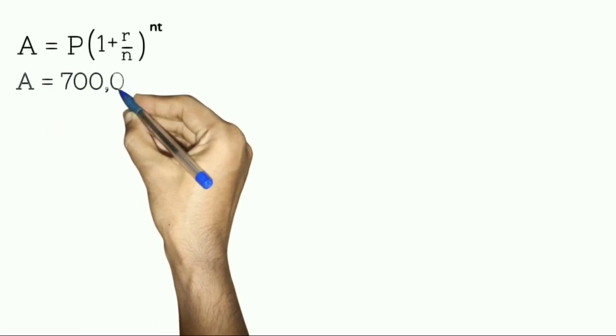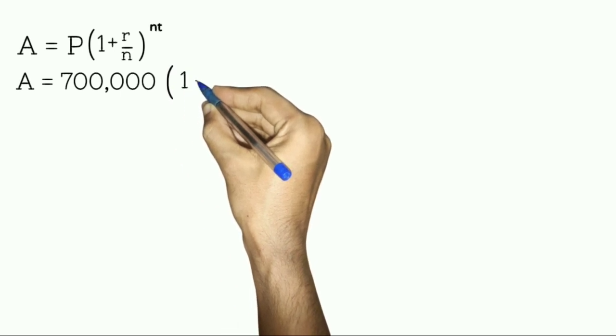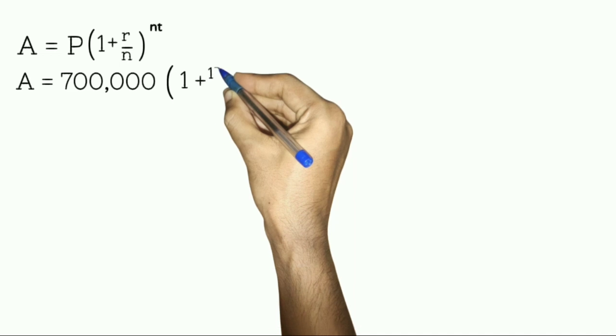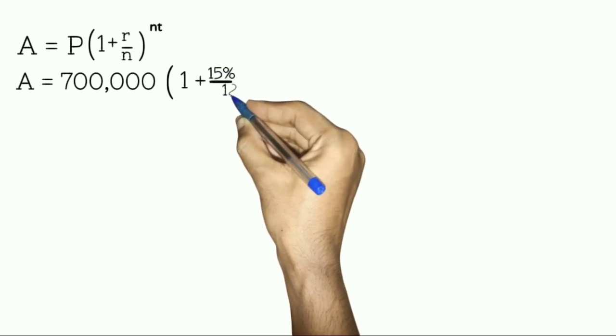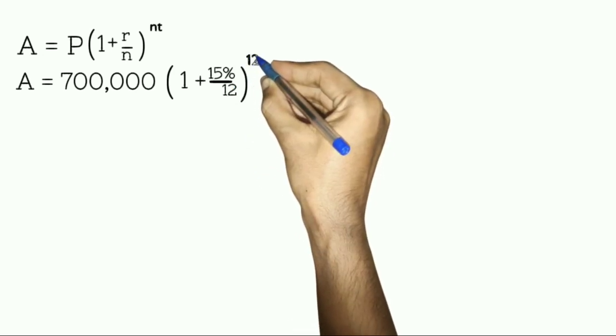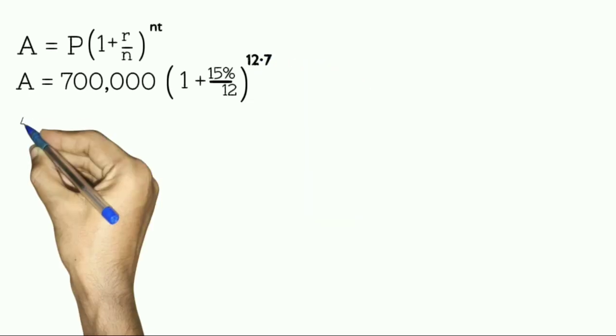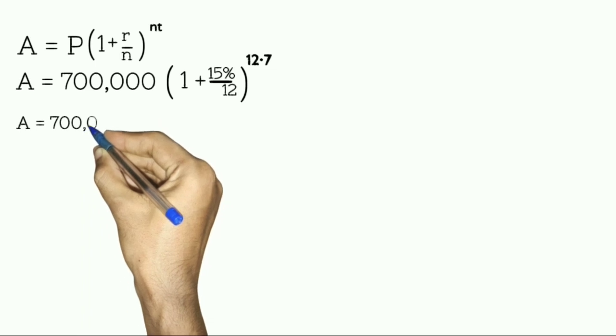A is equal to P times the quantity 1 plus R over N raised to the power of NT. So A is equal to 700,000 pesos times the quantity 1 plus 15% over 12 raised to the power of 12 times 7. Let's follow the PEMDAS: parentheses, exponent, multiplication, division, addition, and subtraction.